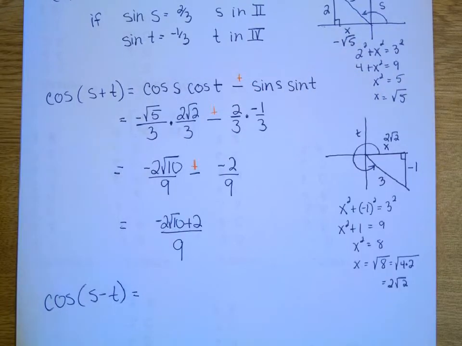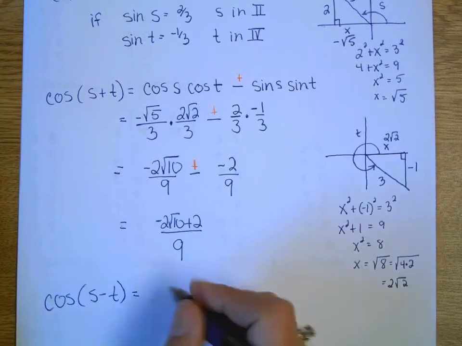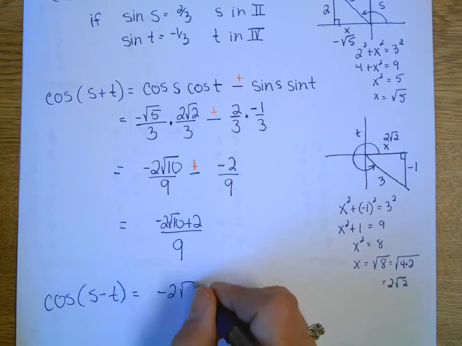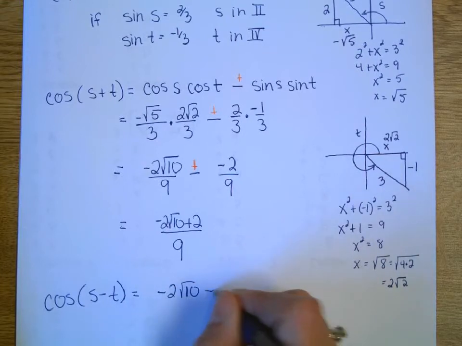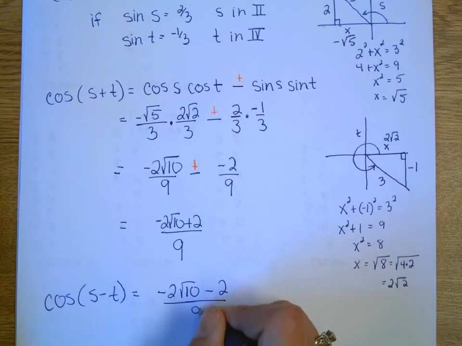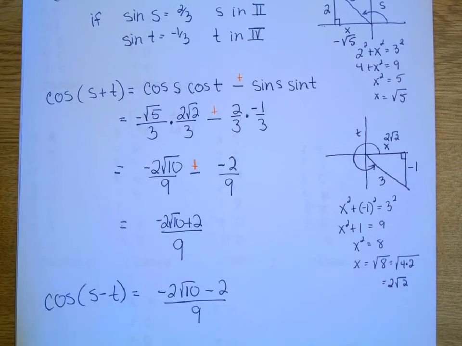So what would my final answer be? Negative 2 square root of 10 minus 2 all over 9. Oh, clever. Will that work for everything? Yes, it should. Unless you get the first one wrong. All right. Double screwed. You get to try.